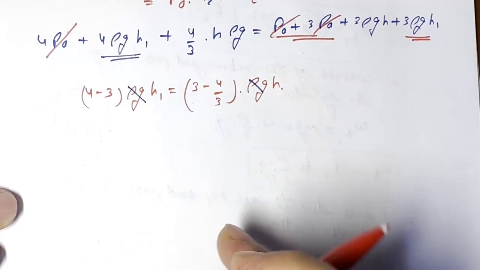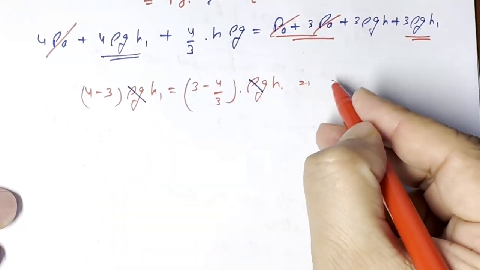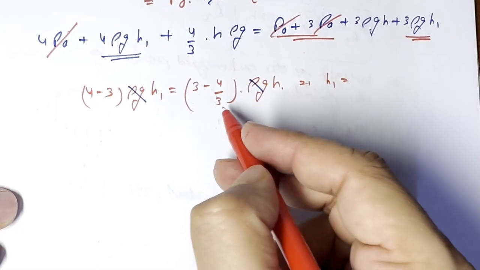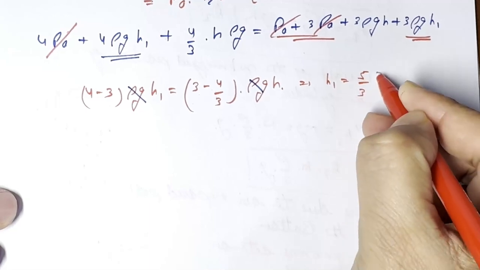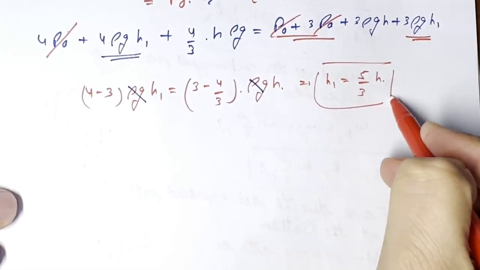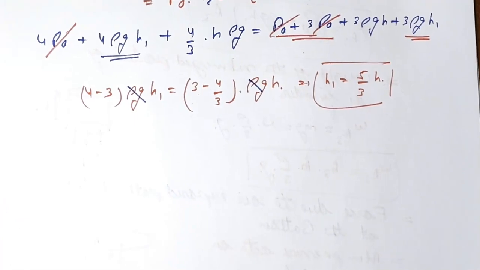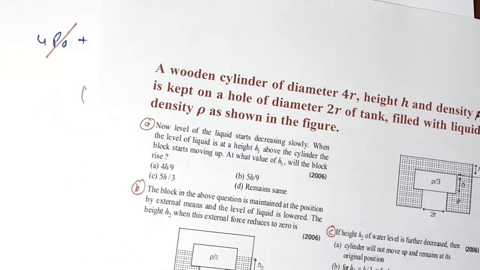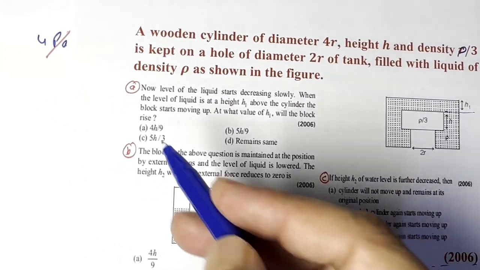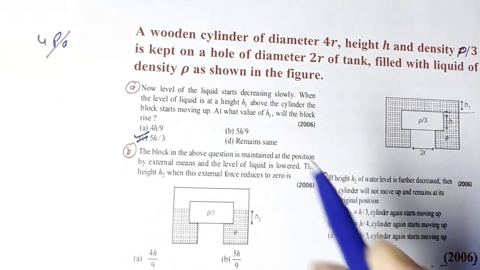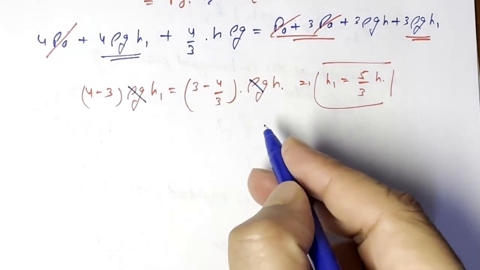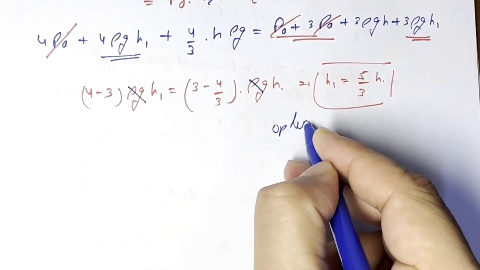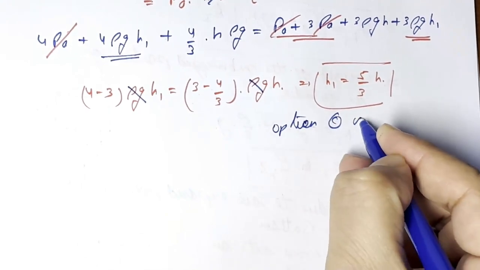So this gives us H1 is equal to 5 by 9 times H. So we get H1 in terms of H, and if we check the options that are given to us, option C is the correct option for that. So we can say option C is correct.